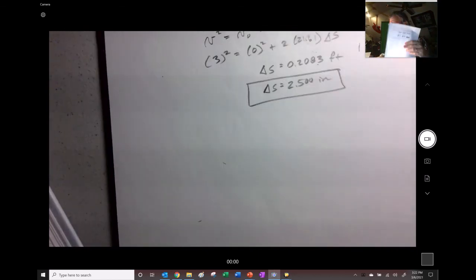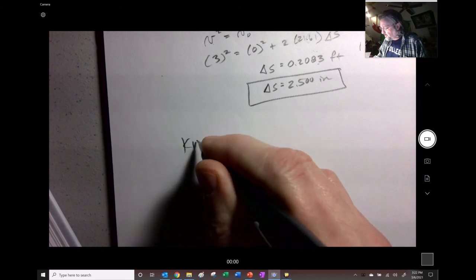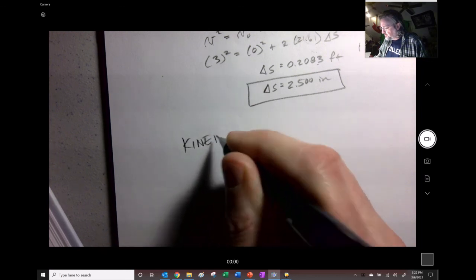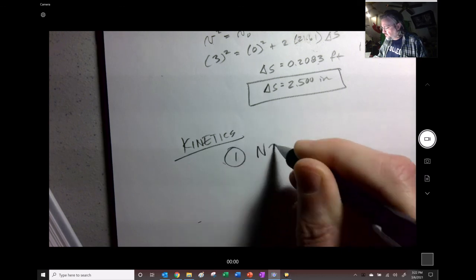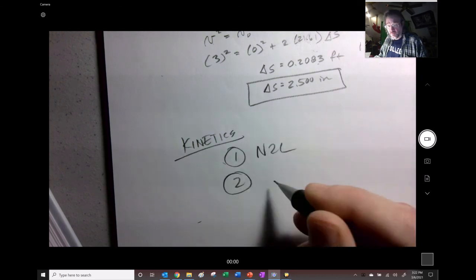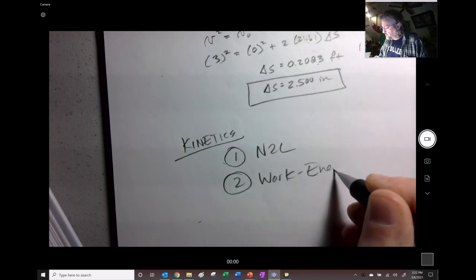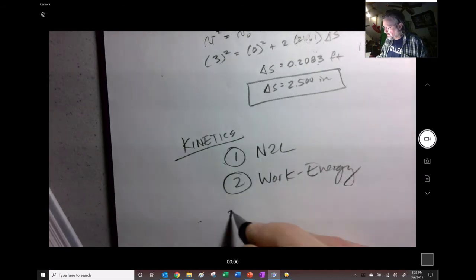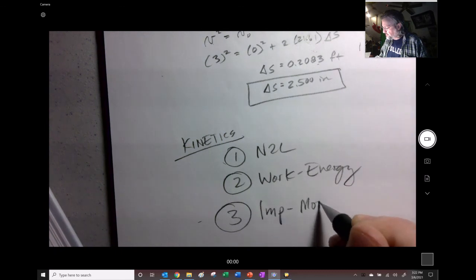One of the big things to note here is that we have this division in kinetics. We have Newton's second law, we have work and energy, and then we have impulse and momentum.